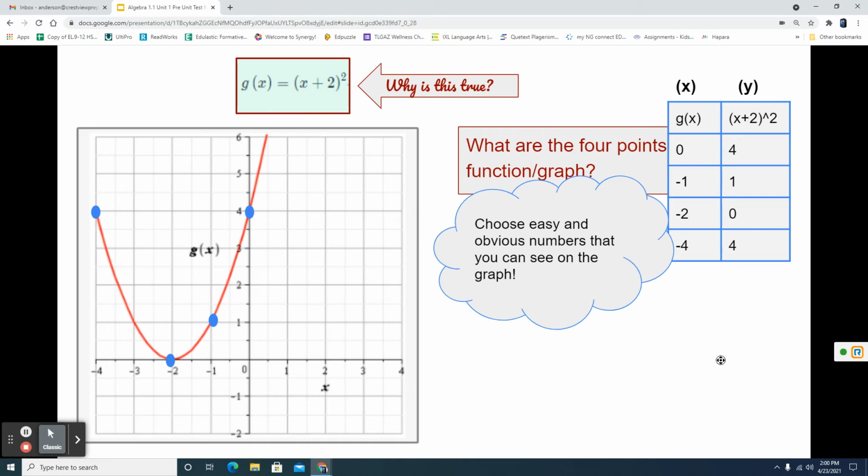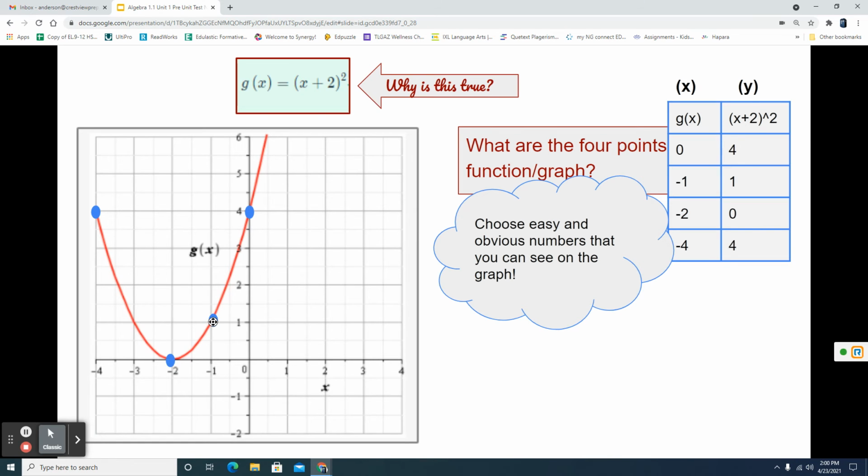That gives us our 0, 4. If I put negative 1 into our x value, negative 1 plus 2 is 1. 1 to the second power is 1. That gives us this point here.